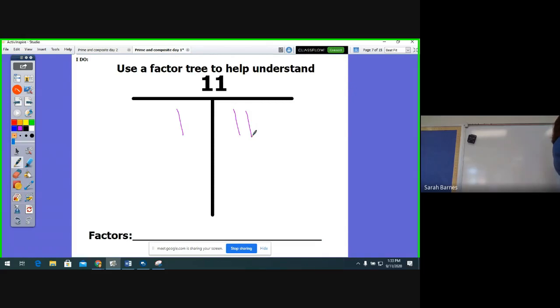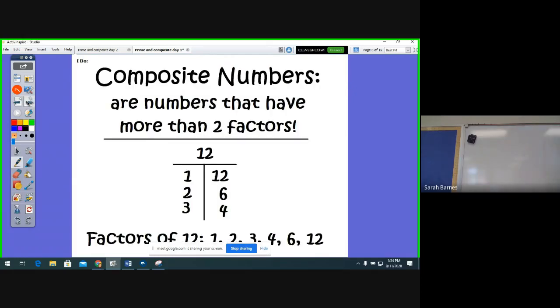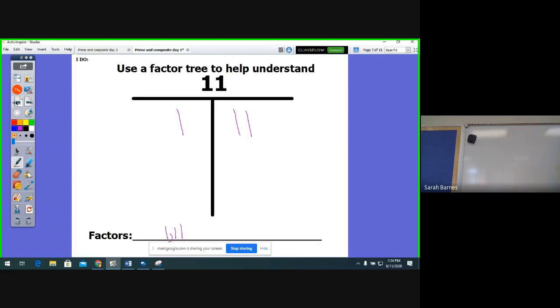Let's see, 2 times 2 is 4, 2 times 3 is 6, 2 times 4 is 8, 2 times 5 is 10, but 2 times 6 is 12. That's more than 11, and 10 is less than 11. So that must mean that the only factors are 1 and 11. So that means that 11, I'm sorry, I went too fast, is a prime number.